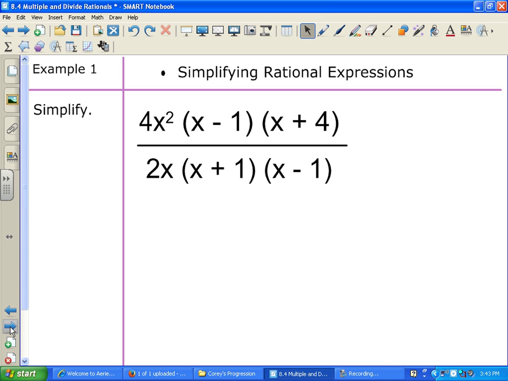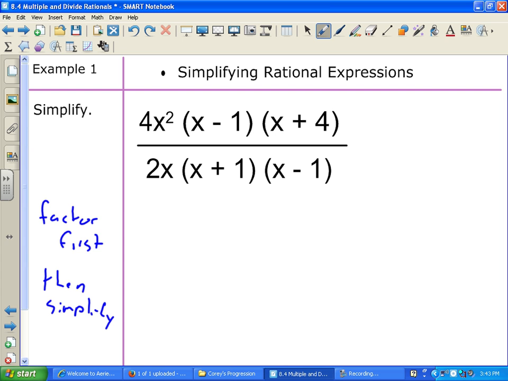Our whole technique when we're working through simplifying today is always going to be factor first, then simplify. Factor first, then simplify. On this problem, we've already factored.